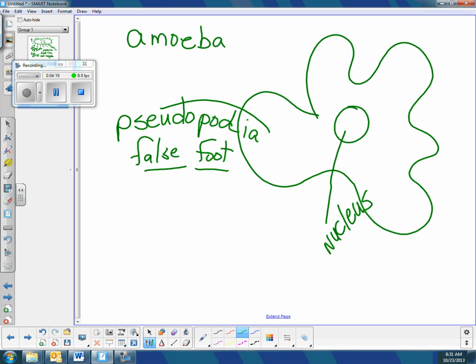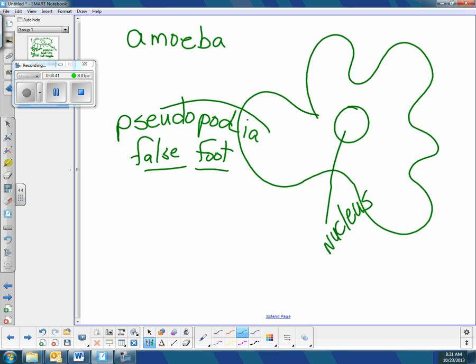That is his pseudopodia. False foot. That is his mechanism of locomotion. And what he does is he puts one of these out, like this, and then he flows into it. Then he puts another one out, and he flows into it. And you can see all the cytoplasm flowing into the foot.